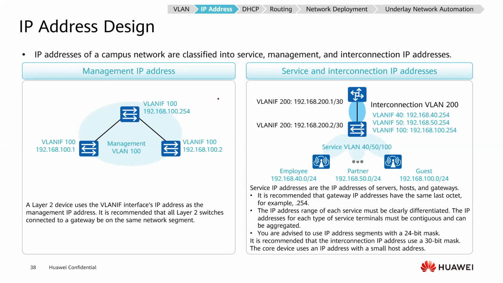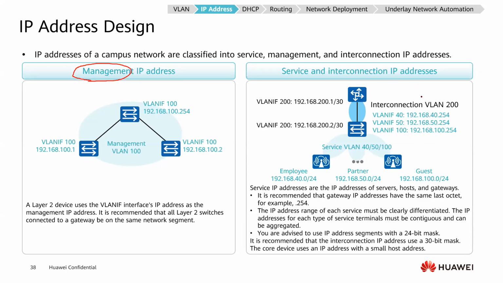The management IP address is the IP address for different devices, and for the controller, we use the management IP address to manage the devices. And the service IP address is the IP address we assign for the end systems or the servers, such as the users, such as the DHCP server, the HTTP server, and others.